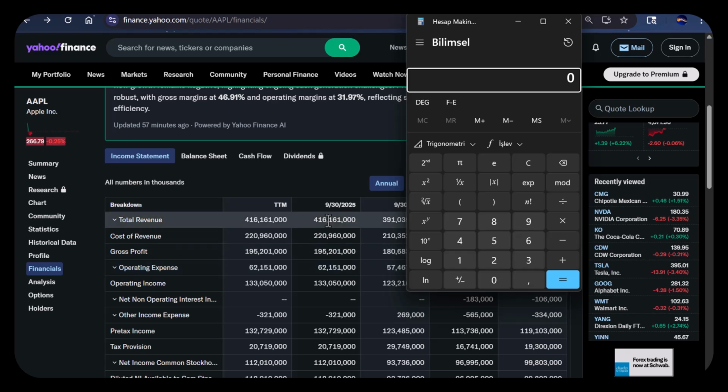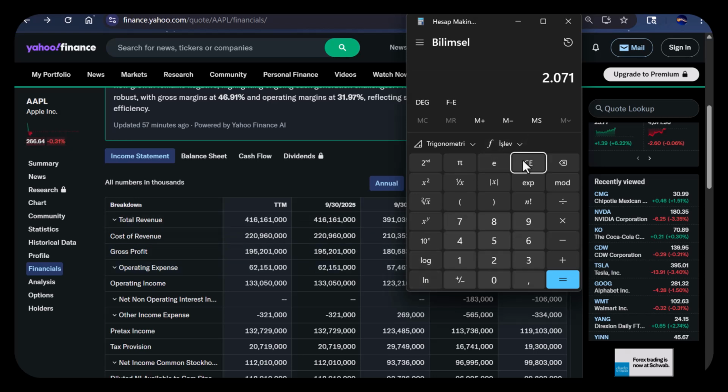Period. Oh, I'm in Turkish standards. What we use for comma, we use dot in the European and vice versa. 15.6%.